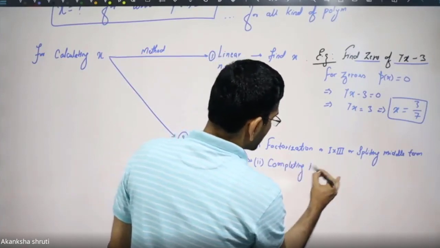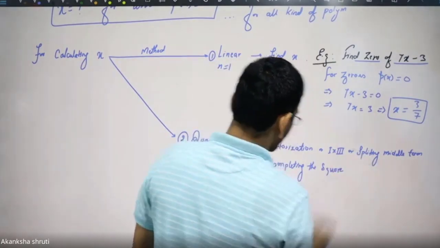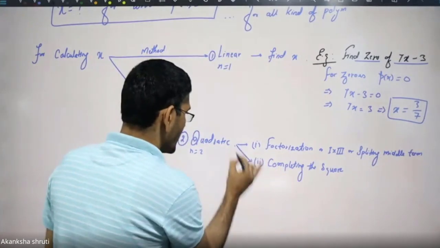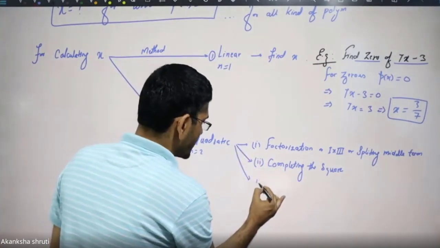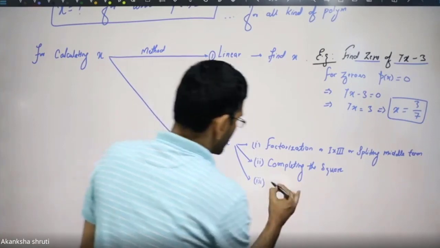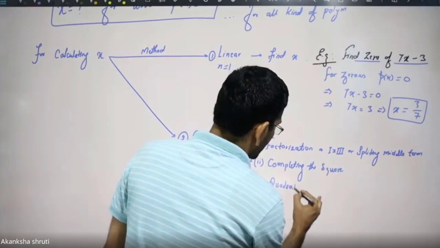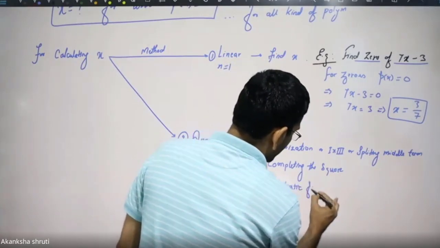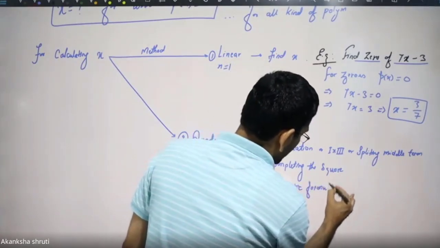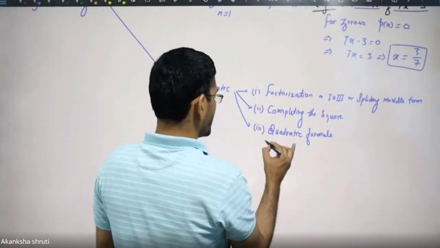And the third one is called the quadratic formula method, or discriminant method.